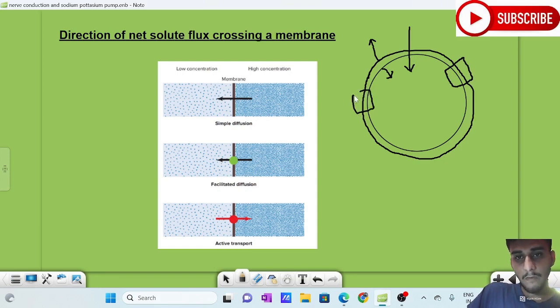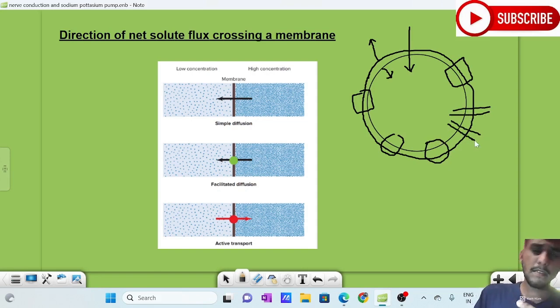This is a protein molecule of one type, a box. This is a protein molecule of a second type, a circle. I'm just drawing it for your understanding. A cell in its plasma membrane will have a large variety of protein molecules, which allow certain molecules to enter from the outside and also go from inside to outside. This is the basic idea you should know.